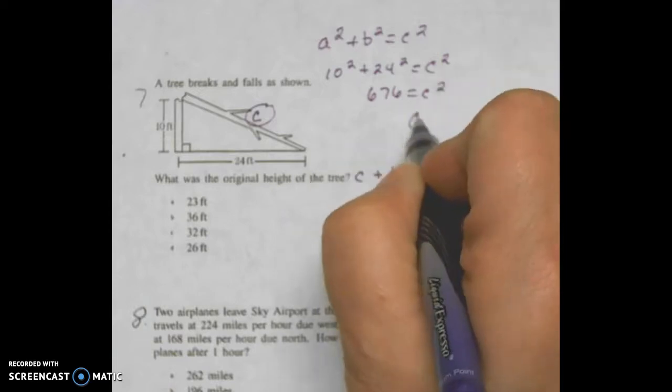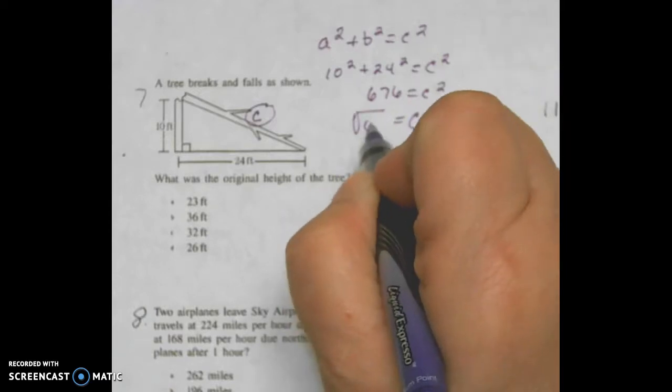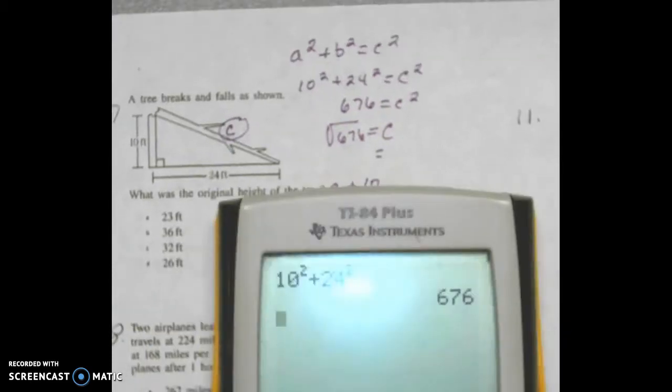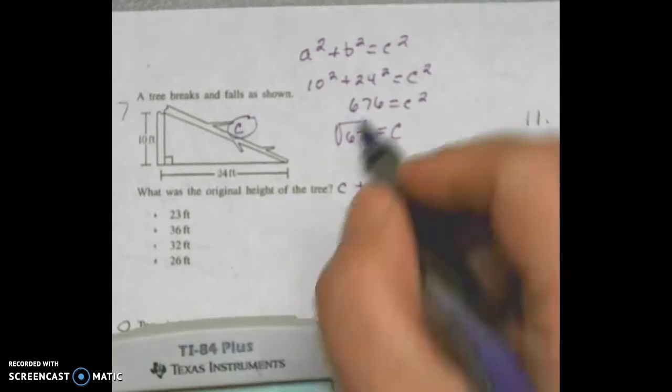So in order to find the value of C, I have to take the square root of 676, to get 26.